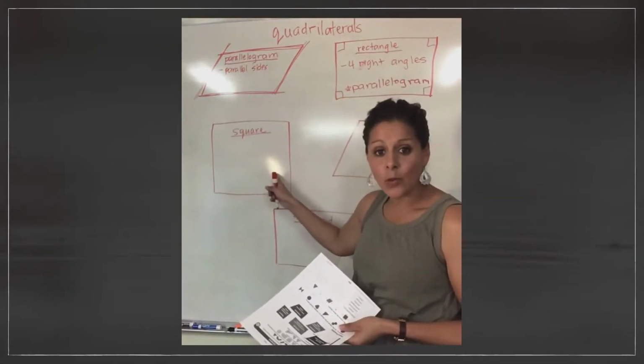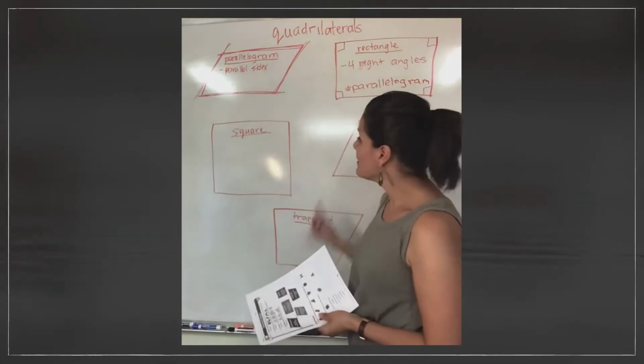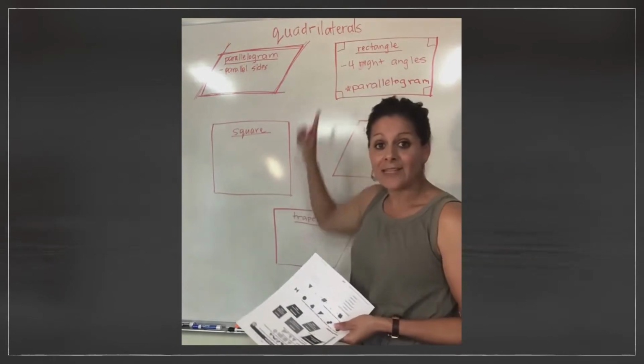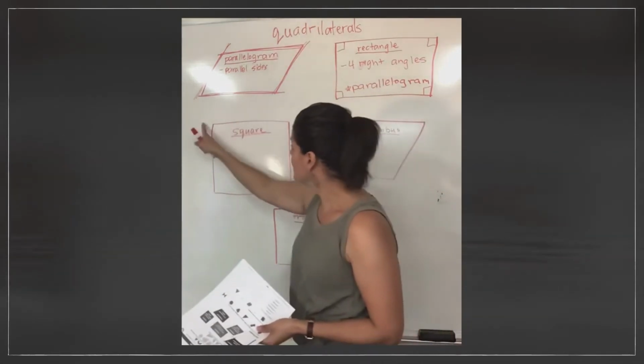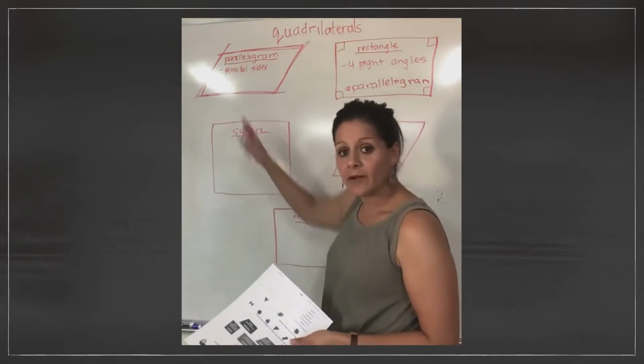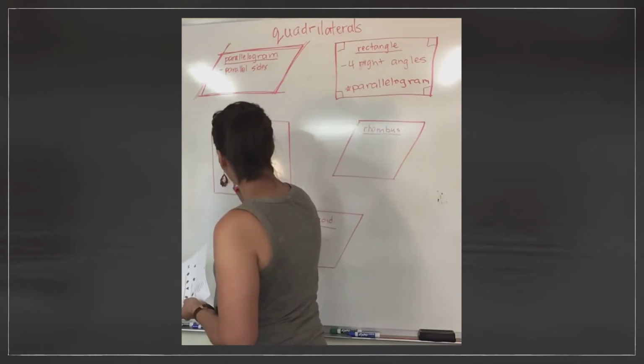Next, we have our square. Now, if you look at our square, it's a parallelogram again. So it's a quadrilateral that's also a parallelogram because look, parallel lines, parallel lines. So I'm going to put that this is a parallelogram.